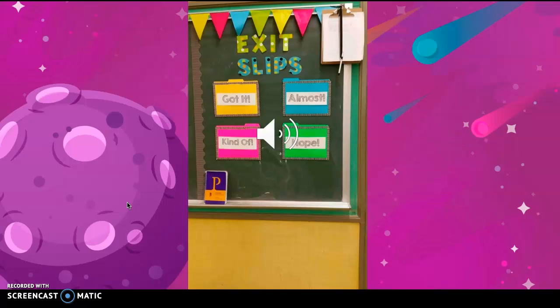Like, okay, clearly that demonstration didn't go as well as planned, so I need some tweaking here, or anything of the like. So I love this idea, so I just thought I'd include it at the end here. So no, it's not science specific, it's pretty general, but I do think it would help throughout any lesson.